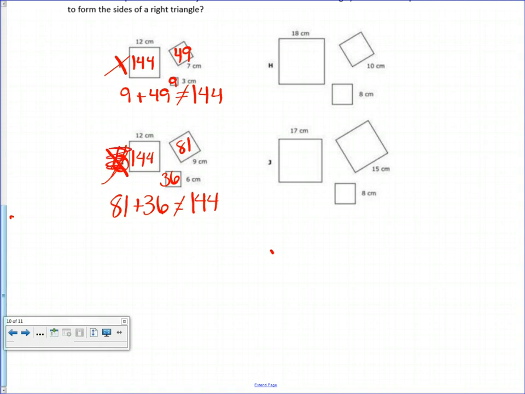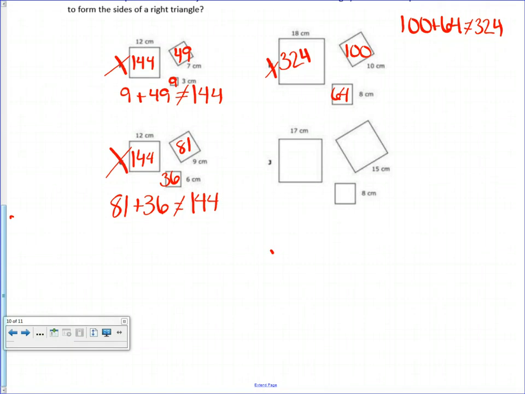So it is not letter G. Letter H, we have 8, which the area would be 64, a side length of 10, so the area is 100, and a side length of 18. And if the side length is 18, the area is going to be 324. So if I add 164, that does not equal 324. So I know it's not H.